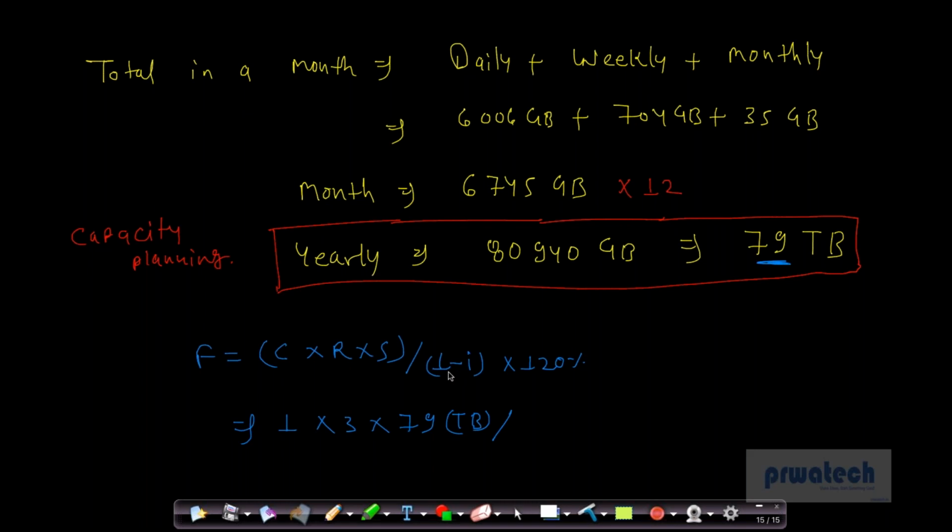Divide by 1 minus I, and this I is an intermediate factor. We keep this as 1 by 4, which means 0.25. So 1 minus 0.25, into 120%.